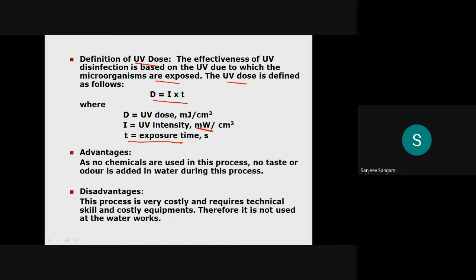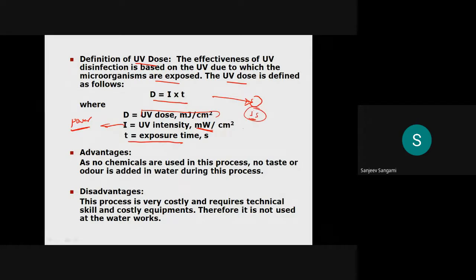We can call this the dose in terms of energy, millijoules per centimeter square. If you measure the intensity of the UV, it will be measured in terms of power. Then there is how much time you are exposing the microbe. For example, if the UV ray hits a microbe for only 1 second, it is not going to kill.